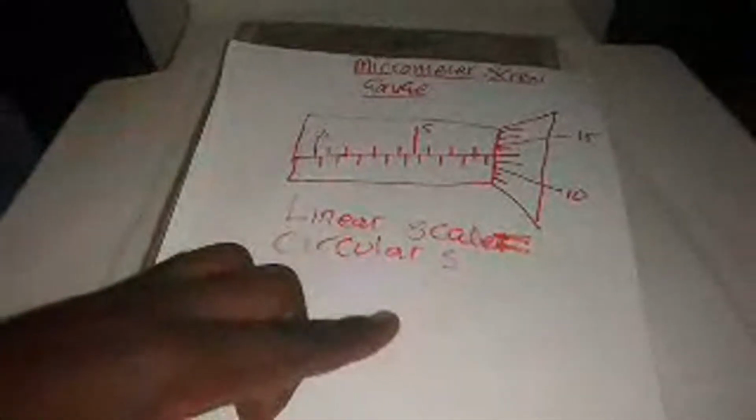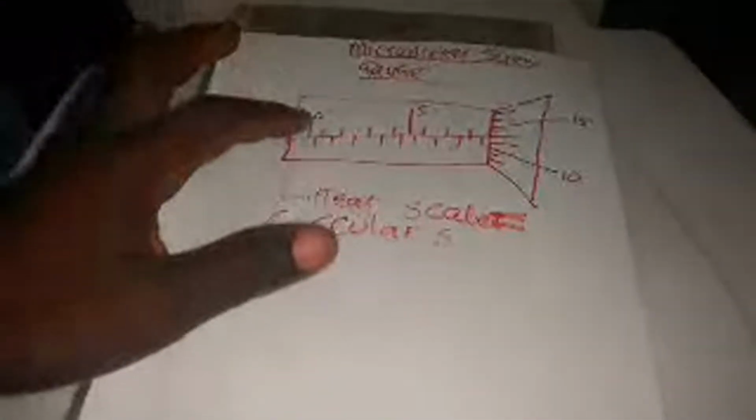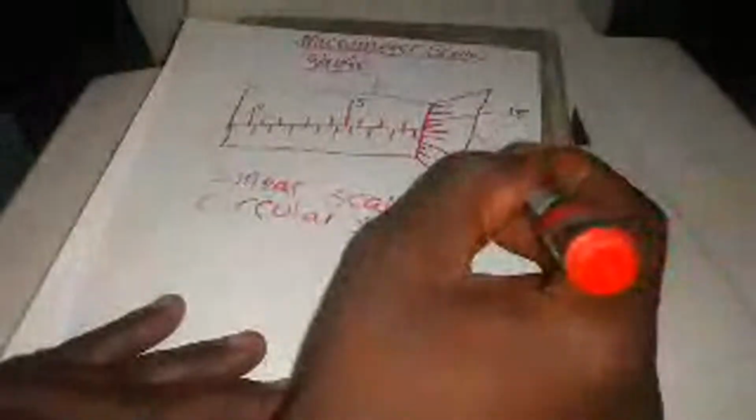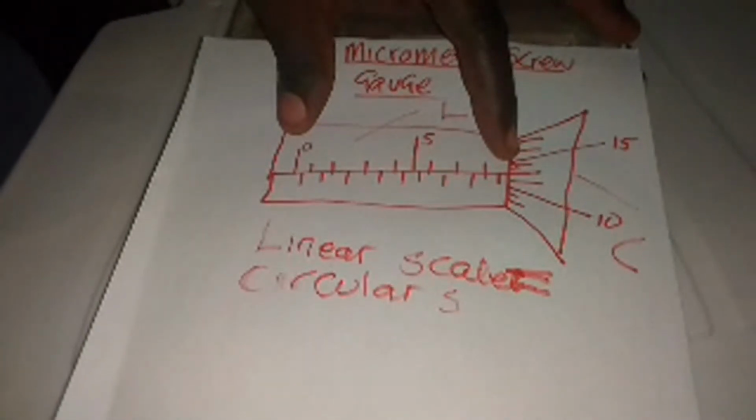The linear scale is found here on top, and this one is called the circular scale. The numbers found here are called the linear scale, and these numbers are called the circular scale.